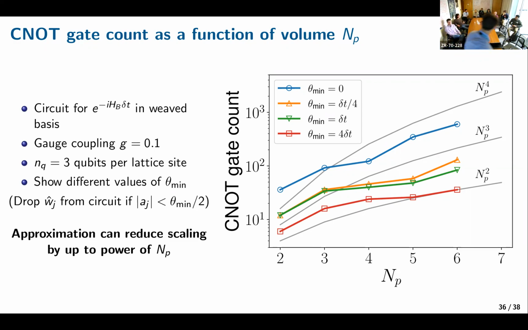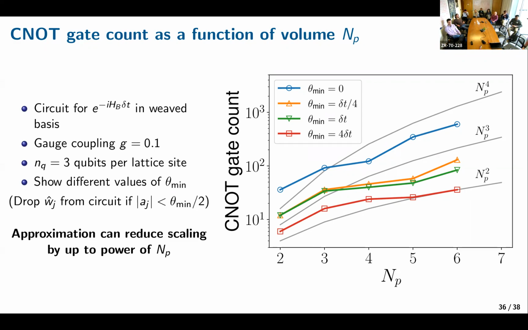How good is that? As you drop more and more, your approximation will suffer, right? Yes, it will. We did a simple analysis of this in our paper for a small system, but this does need to be studied in more detail.